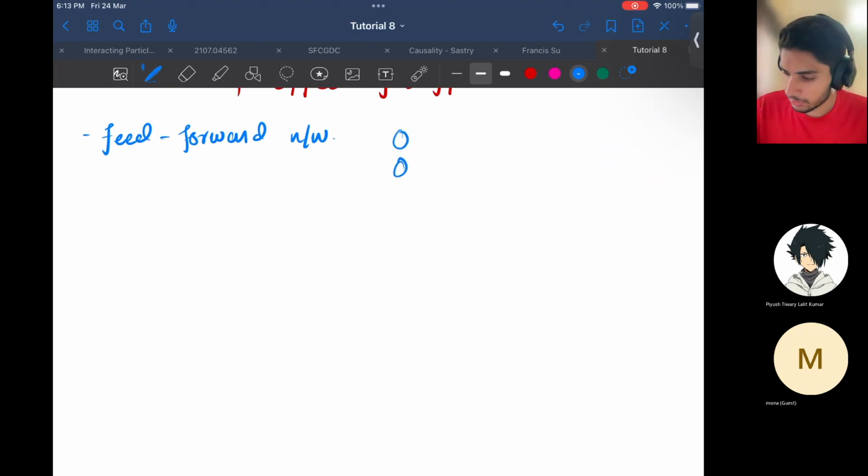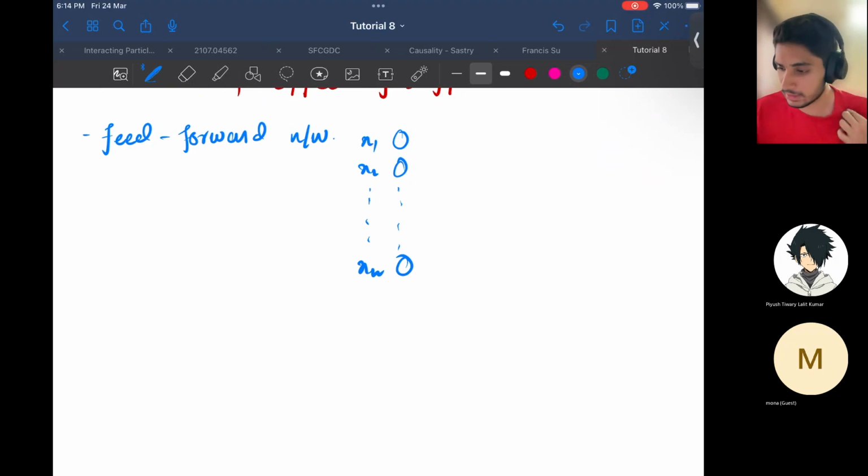Basically, you have a set of inputs. Let's say it's n dimensional, so you have x1, x2 till some xn. These are your inputs. You basically apply a linear combination and a non-linear transformation at each layer, and transform your input successively.